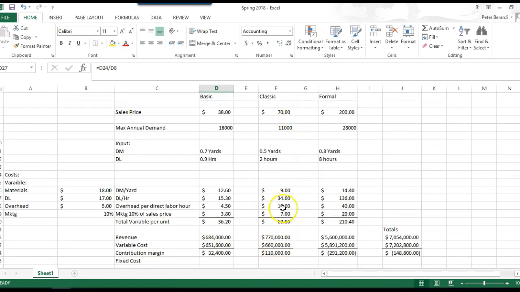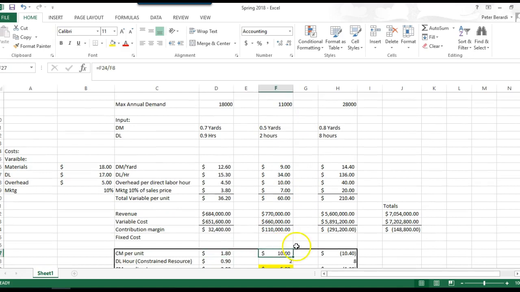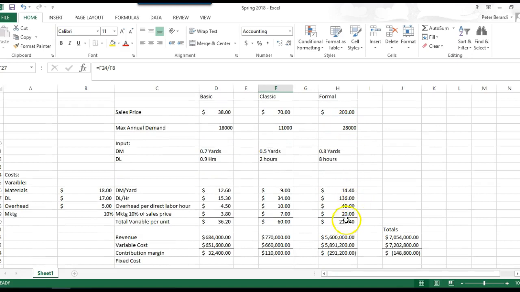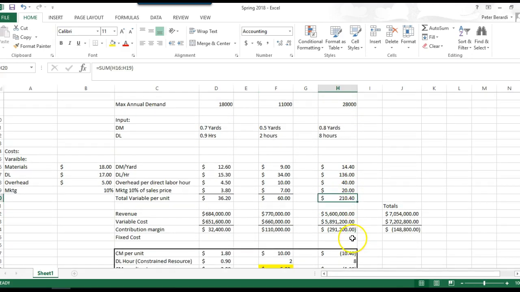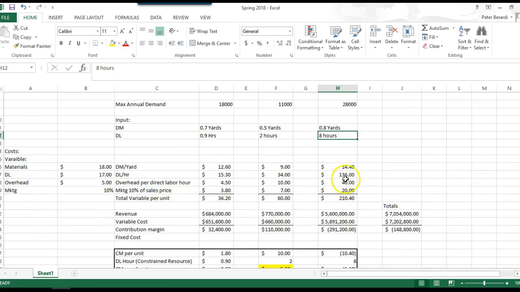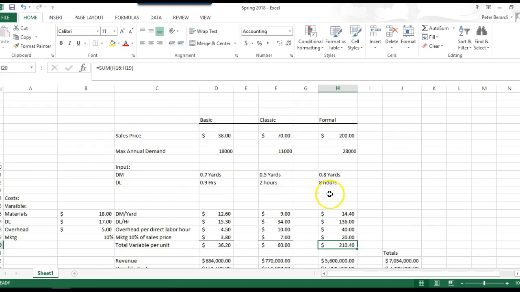And 70 minus 60 is 10. And 200 minus 210 is minus, because it takes a lot more hours. So at $17 per direct labor hour, 8 times 17, our direct labor cost is 136. That means our variable costs are higher than our sales.